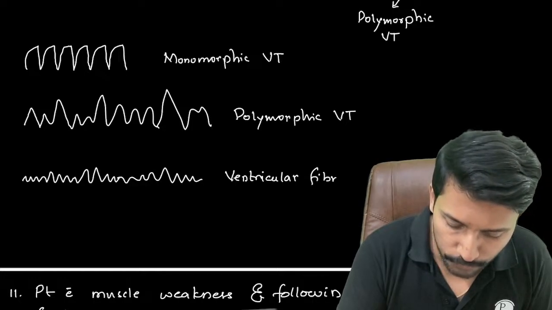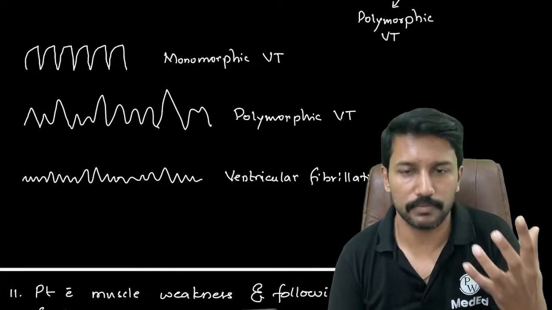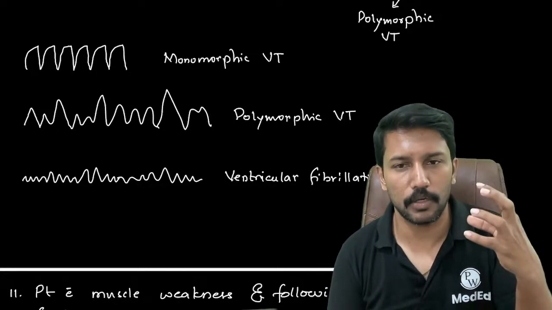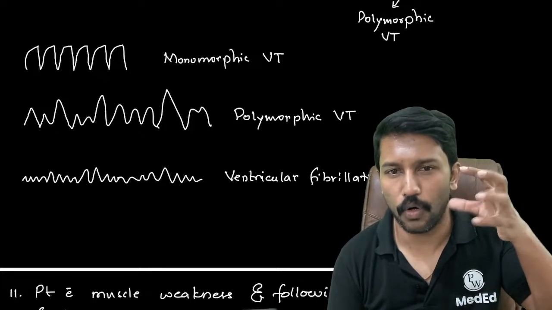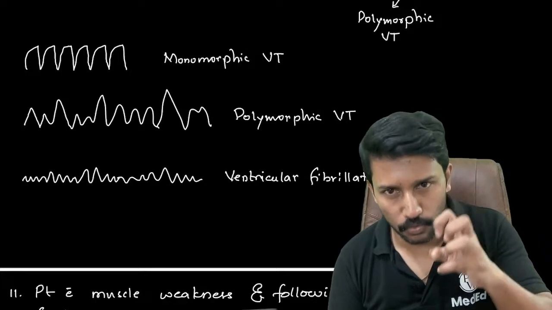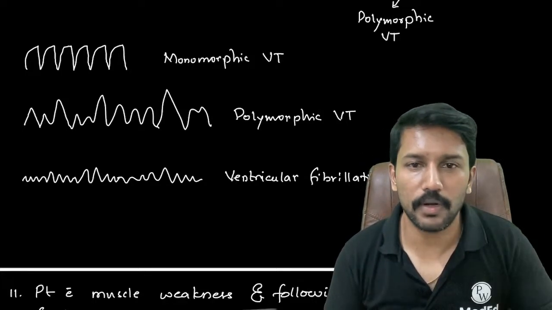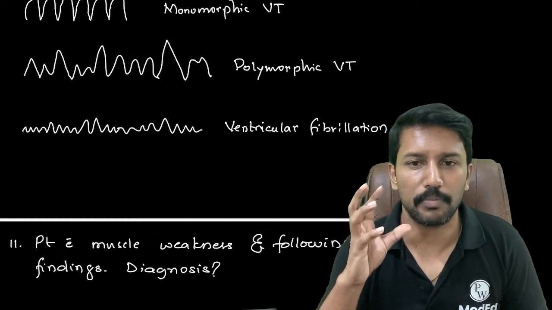What is the meaning of fibrillation? Fibrillation refers to a chamber of the heart, like you might have heard about atrial fibrillation. What is the meaning of atrial fibrillation? Atria are not able to contract. They are merely shaking or vibrating. Fibrillation refers to vibration or shaking, not enough strength to contract. When we say ventricular fibrillation, it means the ventricle is not able to contract, it is merely shaking.